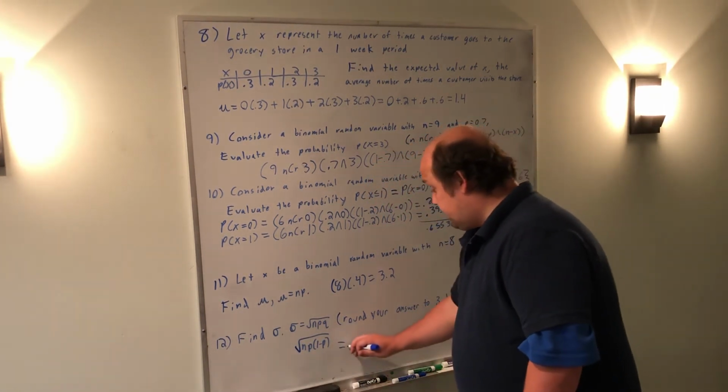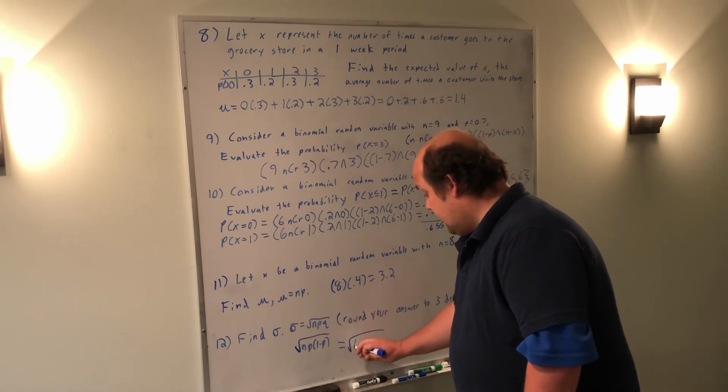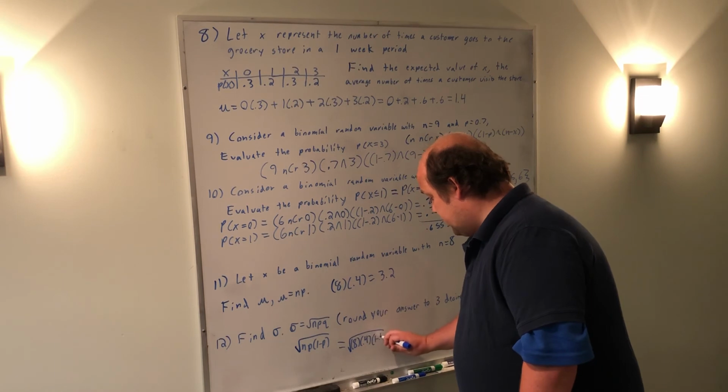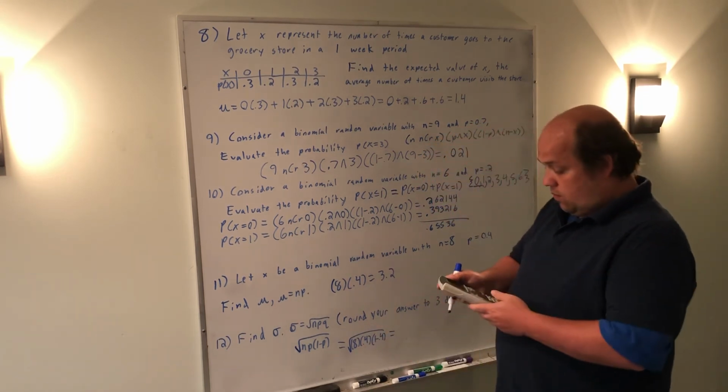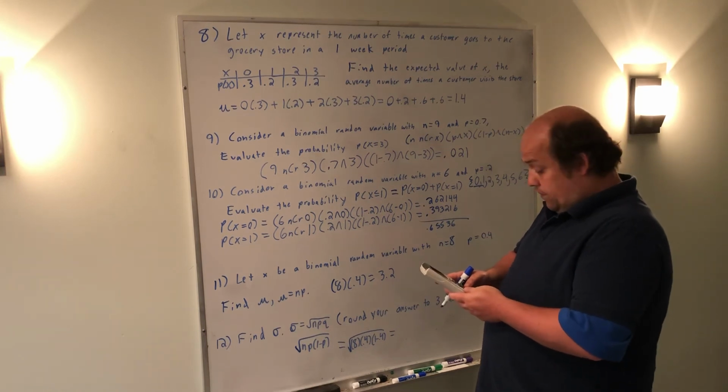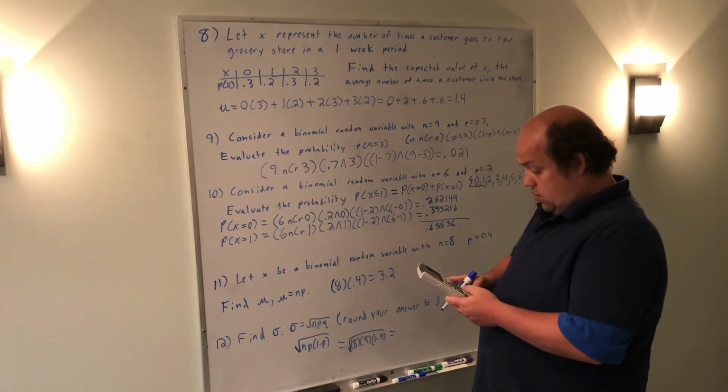If I do it for this problem, it should be the root of 8 times 0.4 times 1 minus 0.4. When I put that in my calculator, I put in the root sign. I make sure with parentheses that everything's happening under the root. 8 times 0.4 times 1 minus 0.4.